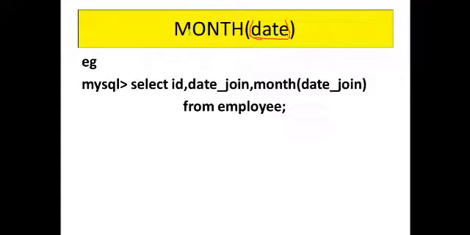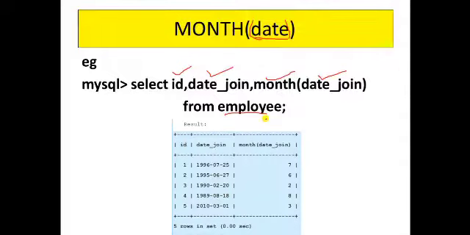That means whichever column you write here should have date or date and time data. For example, select ID, date of joining, month of date of joining. So what it will do is extract the ID of all the employees, date of joining, and only the month part from the date of joining of all the employees from the employee table. So see the output.